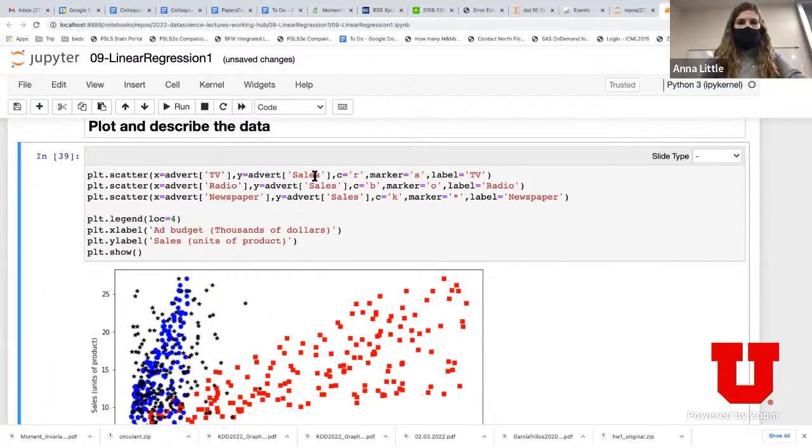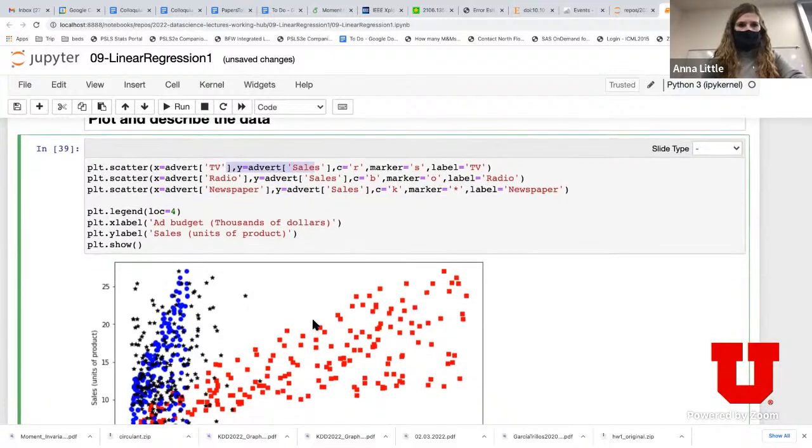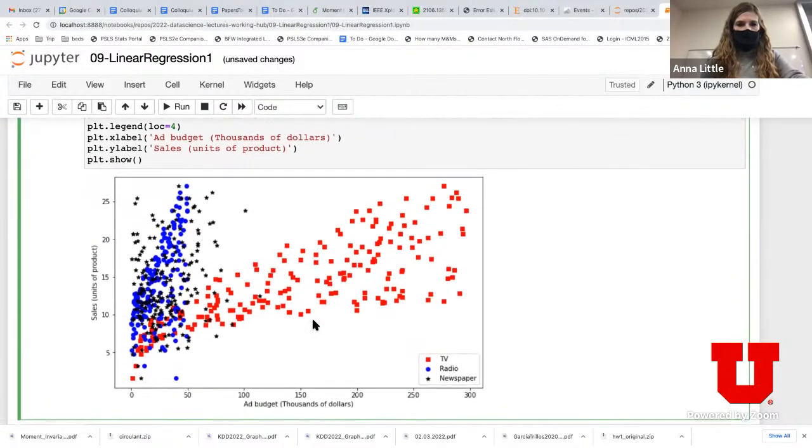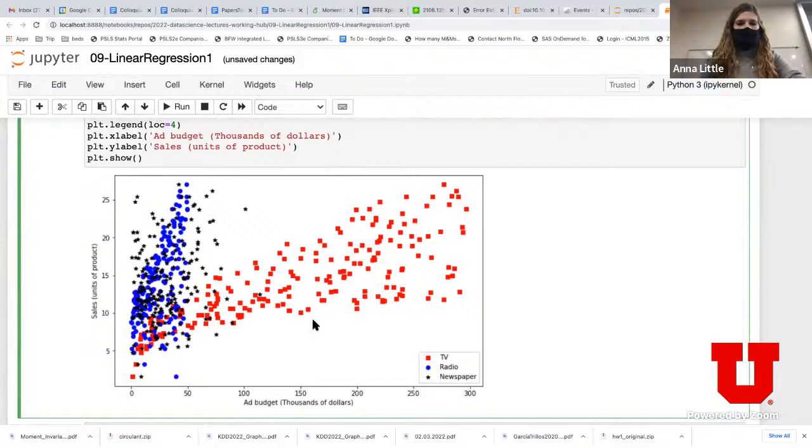First we have sales versus TV, then sales versus radio, and then sales versus newspaper. And this is what we see. What do you notice about these plots? How would you describe the relationship between sales and these different variables?